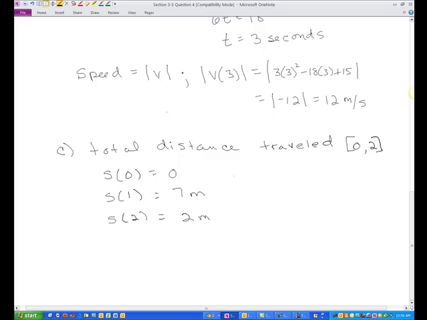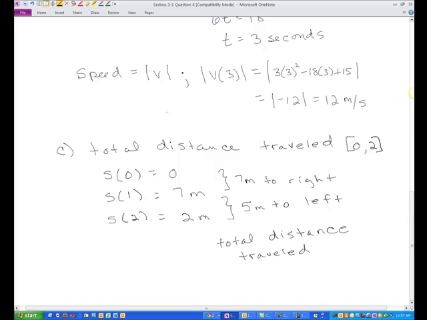So here I went 7 meters to the right, and then from 1 to 2 seconds, I went 5 meters to the left. But my total distance traveled is the 7 plus the 5, or 12 meters.